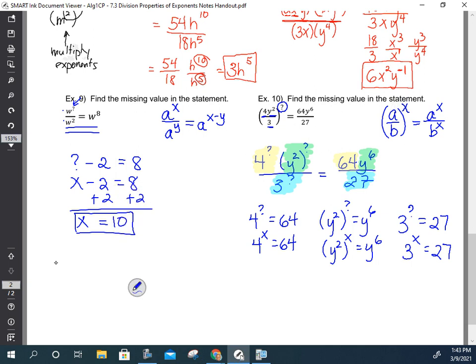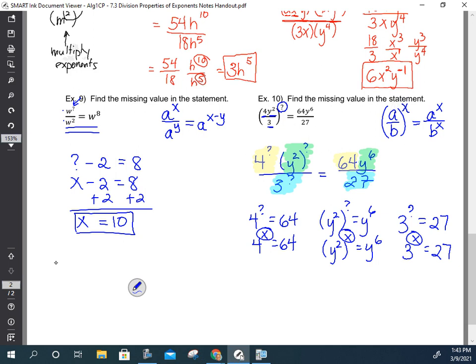Now, the main thing to keep in mind, whatever this exponent is, whatever x is going to be, it has to work for all 3 of these equations. So you can pick any of the 3 that you want to work. You can try to figure out 4 to what power is going to give you 64, 3 to what power is going to give you 27, or you can work with the middle equation.